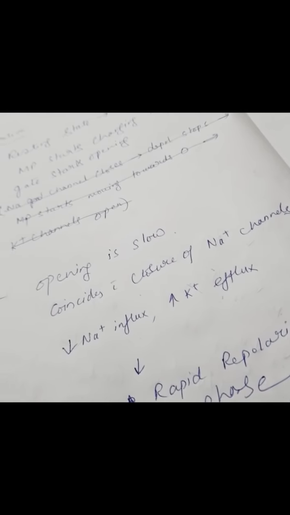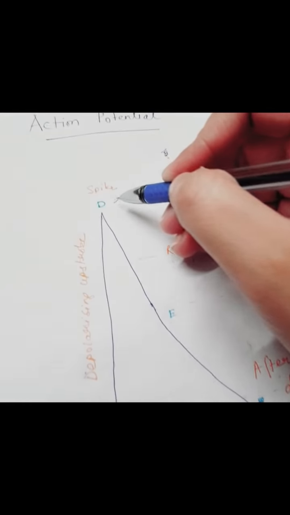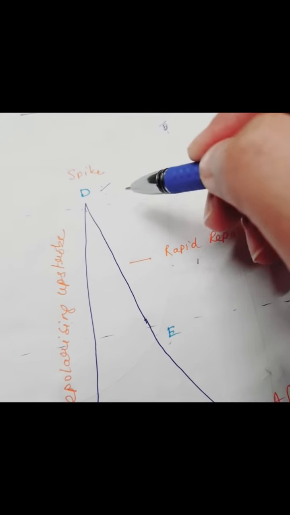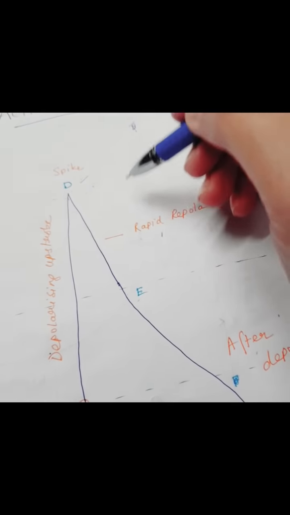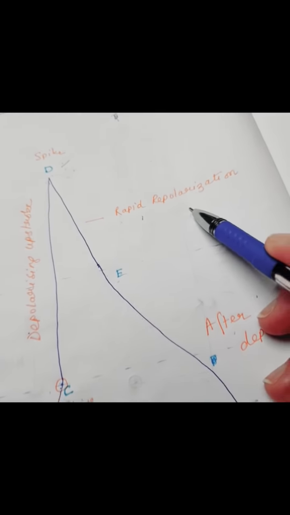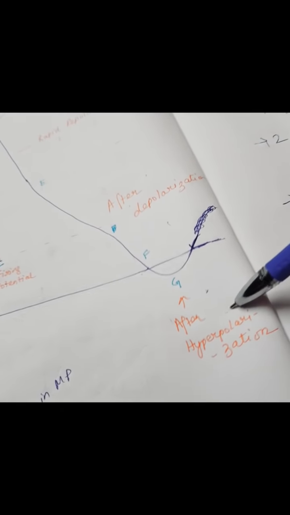This goes on to rapid repolarization, then delayed repolarization, and then finally we get hyperpolarization where the membrane potential, wait a sec, let me take you to the diagram. So you see, at this point, the sodium channels close and the potassium channel starts opening. That will lead to stoppage of depolarization and start of rapid repolarization, then after depolarization, and then finally after hyperpolarization.